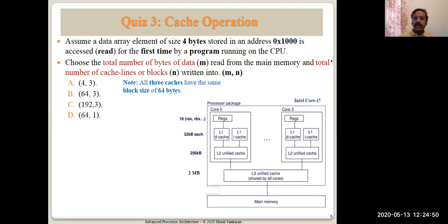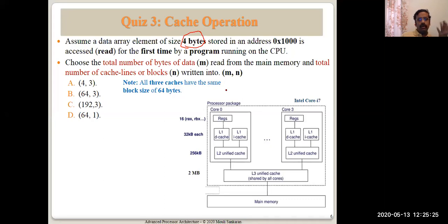While you are answering, let me help you. In the exam I can't do this, so let me do it here. See, as I told you, every block size is 64. The CPU cannot read more than a block. That's one clue. And it cannot read less than that, because if it is asking for 4, it will get 64, because that's the purpose of cache. It cannot read 4 and it can't read more than 64.